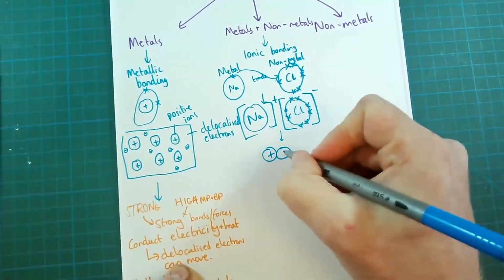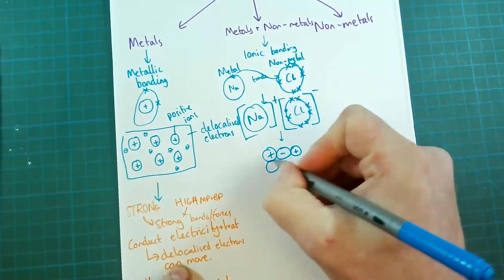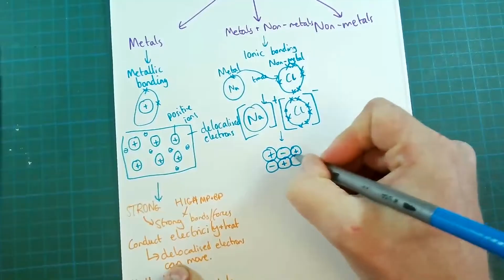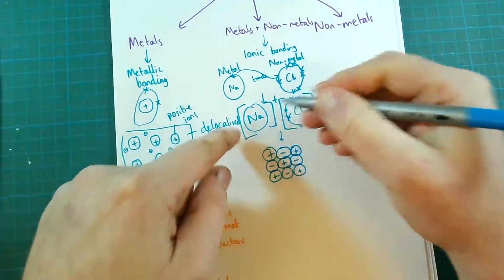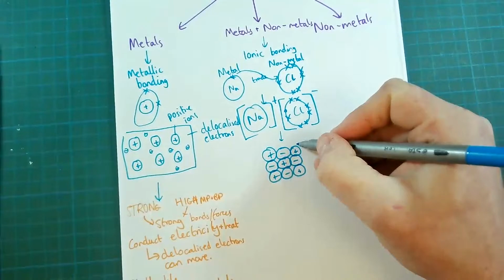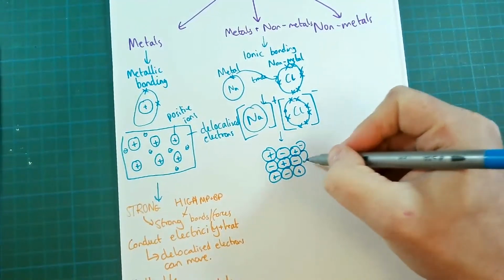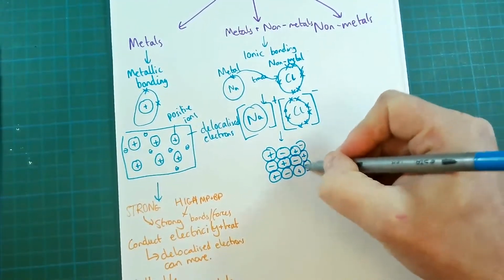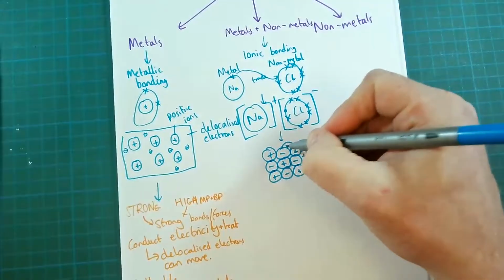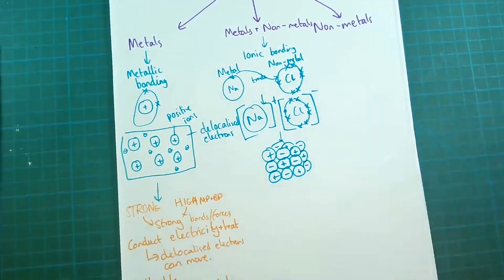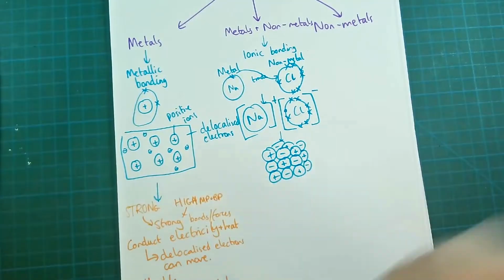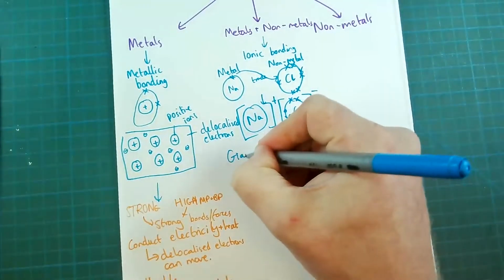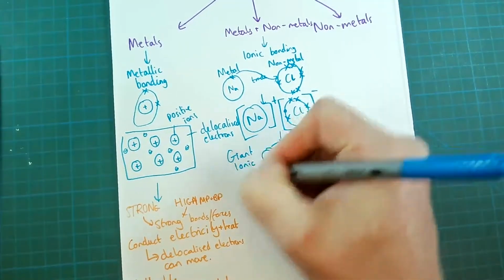You end up with almost like a chessboard, where this happens again and again and again. It even goes on in 3D like that. And that forms what we call a giant ionic lattice.